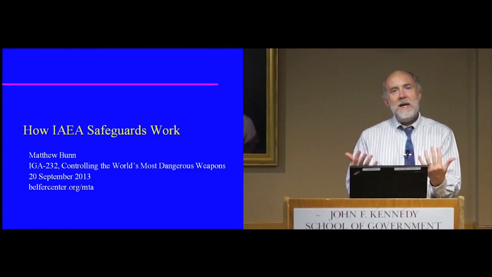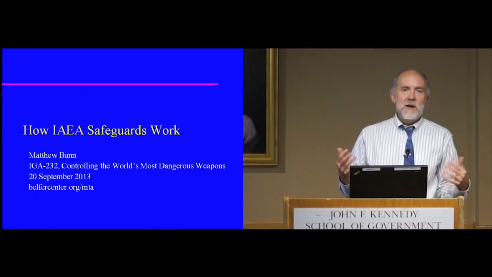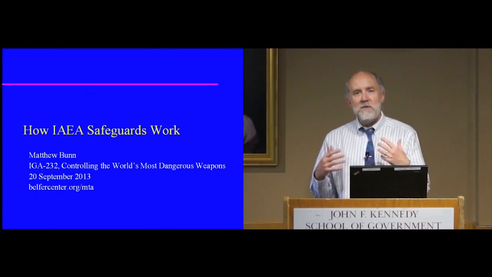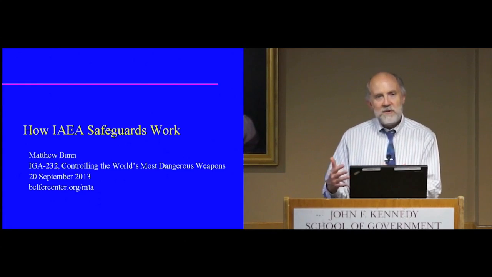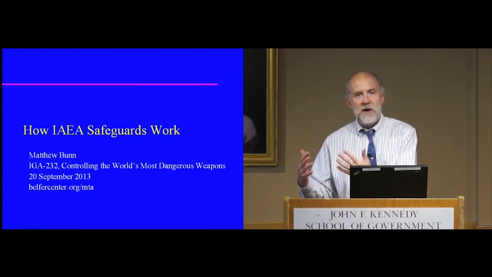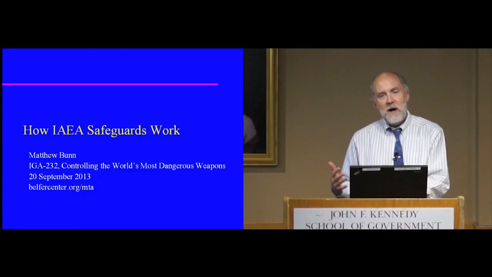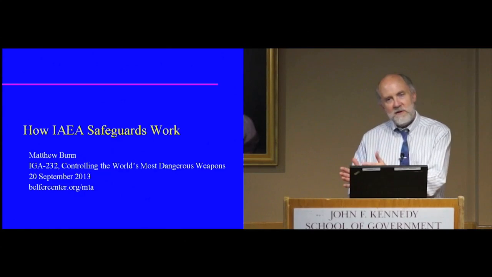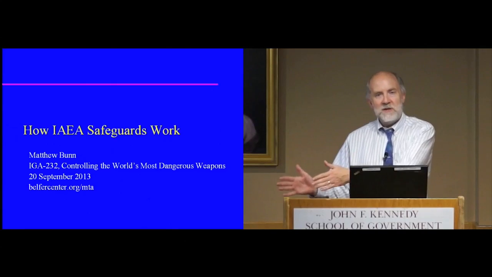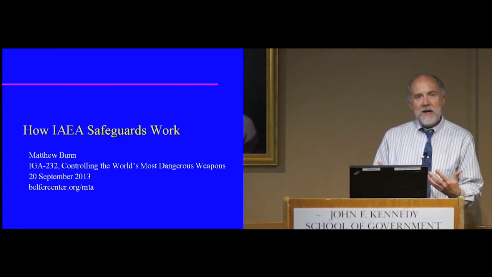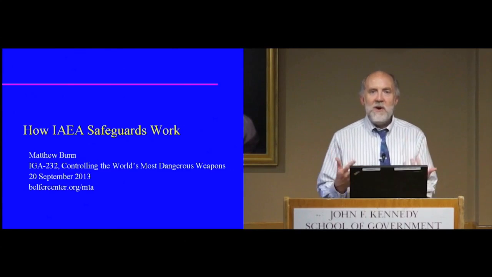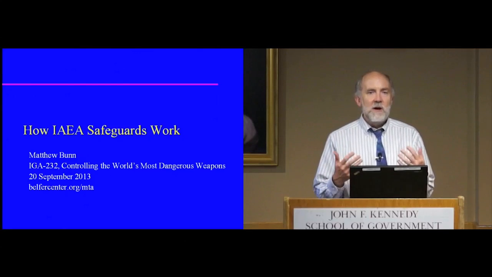But like any international organization, the IAEA is a creature of its member states. If most of the IAEA member states, or even a large chunk of them, don't want the safeguards or inspection system to go in a particular direction, it won't go in that direction. So the IAEA can really only do what the member states collectively want it to do.